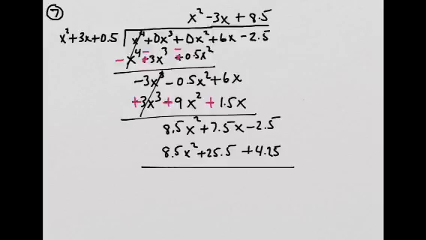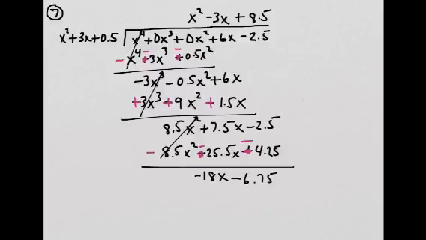And so now we're going to add the opposite, we're going to subtract, so that's minus, this is minus, and this is minus. And so I get 0 there, and then negative 25.5 plus 7.5, that's going to give me negative 18. Oops, I forgot the x right here. X. And then negative 2.5 and minus 4.25, that gives me negative 6.75.